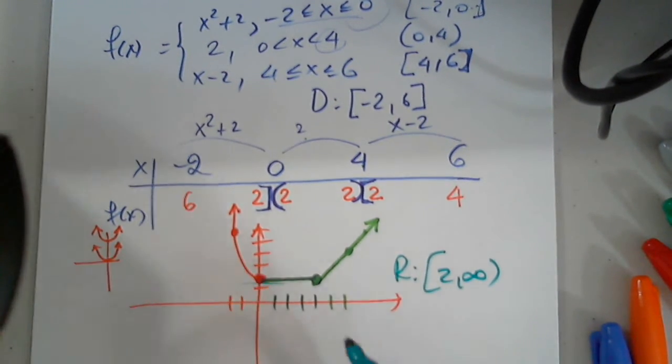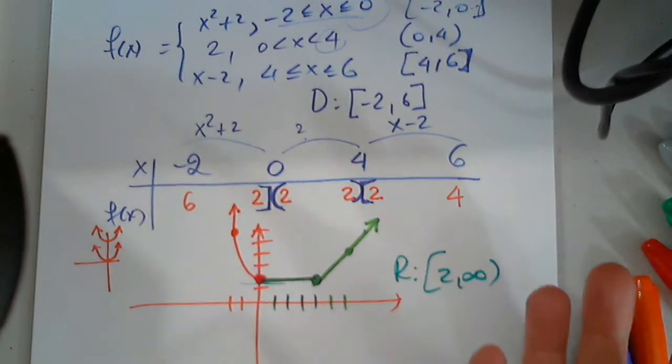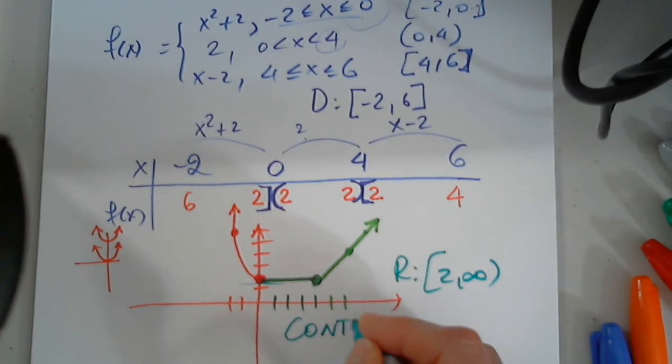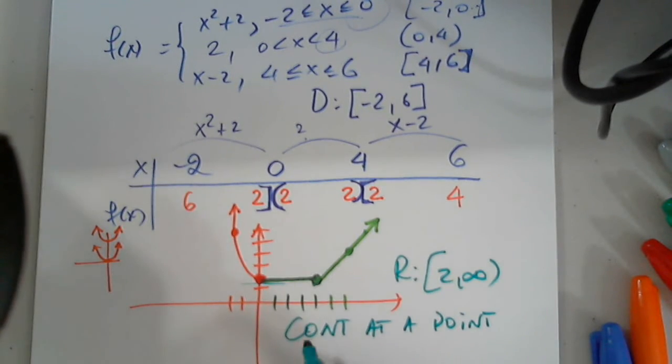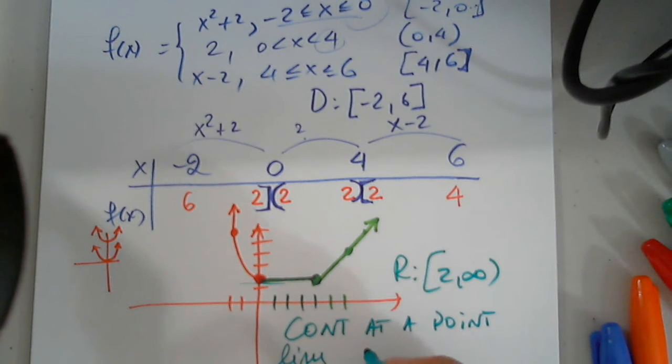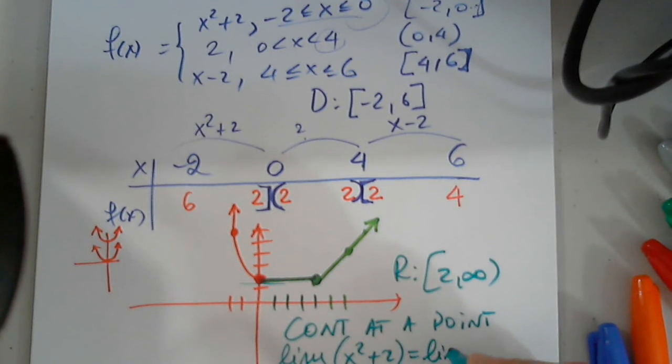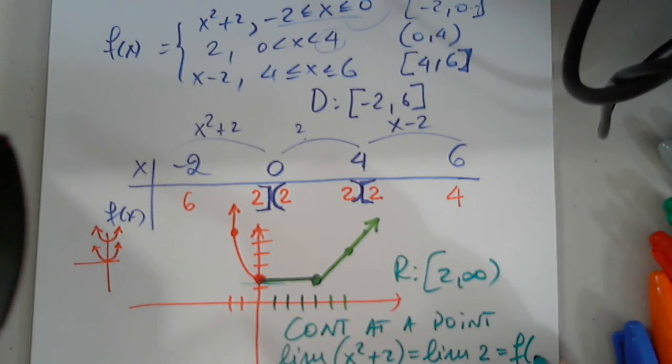Now, if I'm asked to write this, for example, a continuity at the point, I will write that, let's say for 0, limit as x approaches 0 from the left of x squared plus 2 must equal limit as x approaches 0 from the right of 2 must equal f of 0.